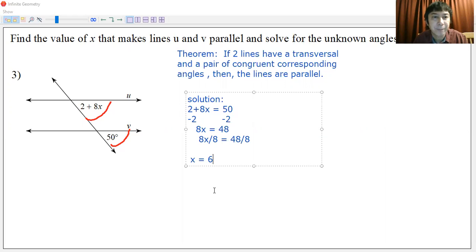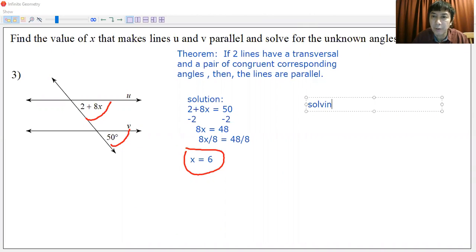There, okay? All right, and so we found the x. We can solve for the value of the angle. We have now 2 plus 8x. 2 plus 8x means 2 plus 8 times the 6.